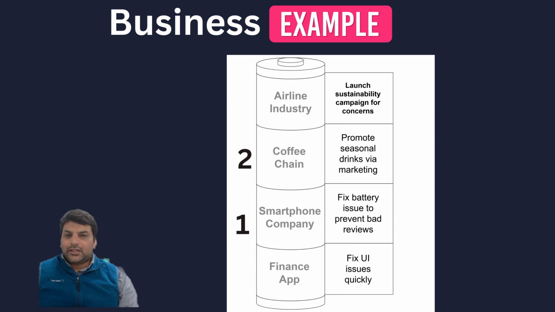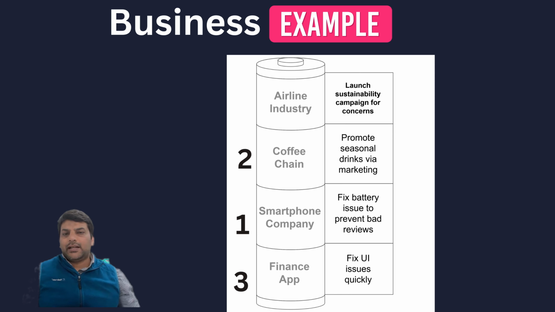Next, we see the third example, from the finance app, where the data is app store reviews after a new update. The trend is that users are having trouble with the user interface. What action should the company take? Quickly release a fix and update the app to improve the experience.